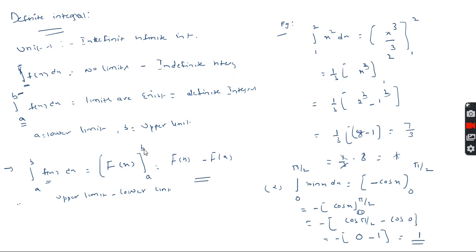What is the upper limit here? The upper limit is b. So we substitute x equal to b, we get F of b, minus we substitute x equal to a, we get F of a. That is, the integral from a to b of f of x dx is nothing but F of b minus F of a, the upper limit value minus the lower limit value.